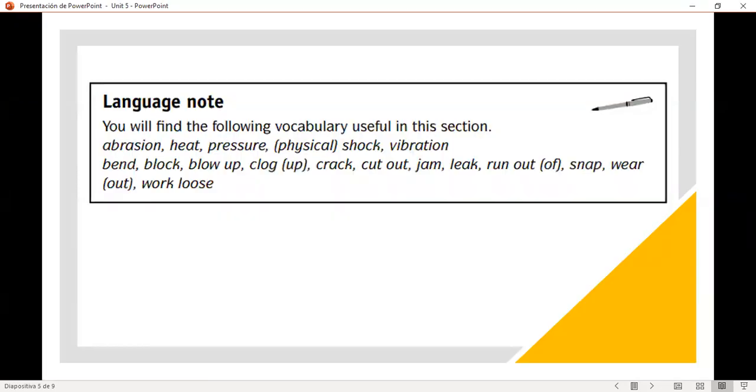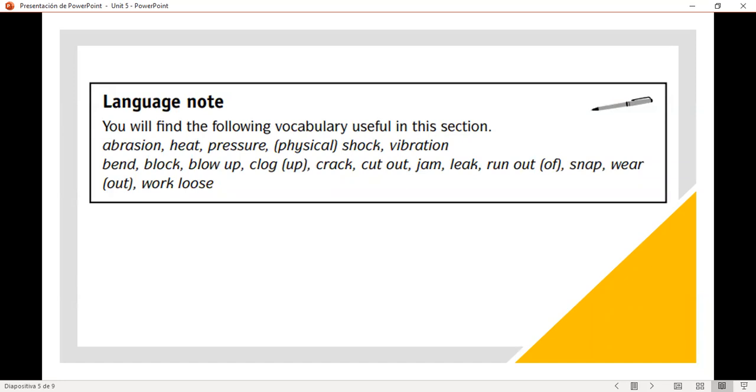Okay. During this section, you will find the following language useful. Words such as abrasion, heat, pressure, you might remember these words from Unit 2.